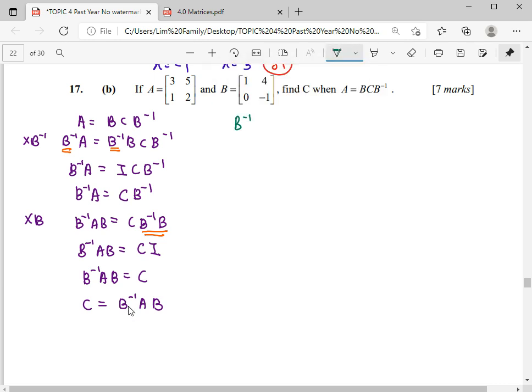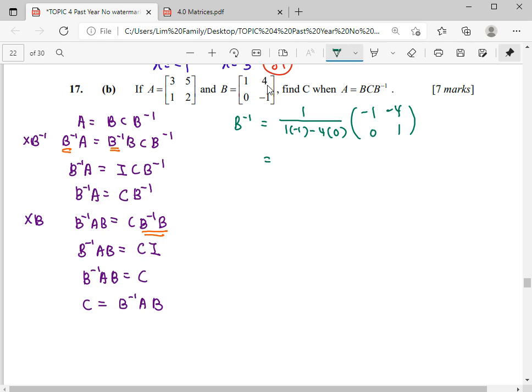For this B inverse, the 2 by 2 formula, like in your SPM level, is 1 over AD minus BC, and then in the bracket, exchange the places of A and D and put a negative on B and C. So AD minus BC, then A and D exchange places, B and C put in negative, so negative 0 is still 0.